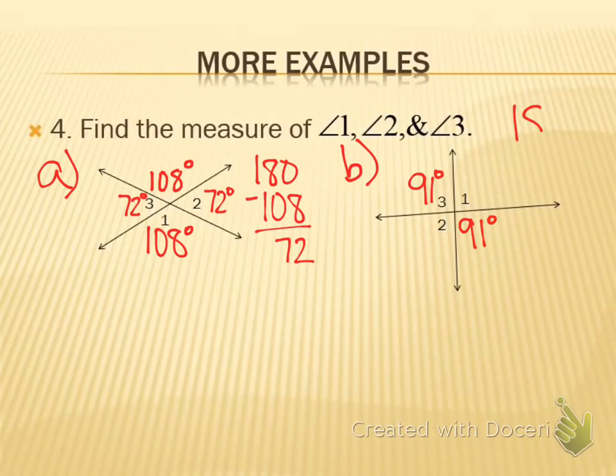So that means I could take 180 minus this 91, and that should give me the degree measure for angle 1. 89, good. So when we subtract those, we end up with 89 degrees for angle 1.